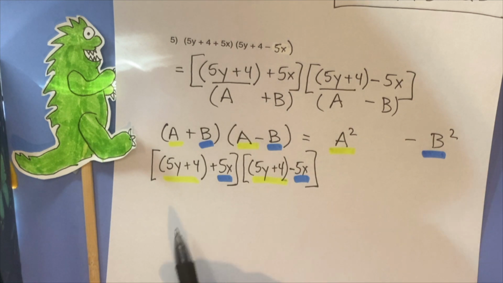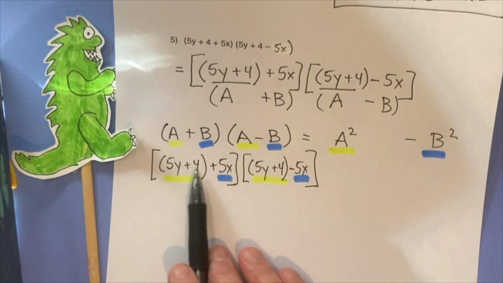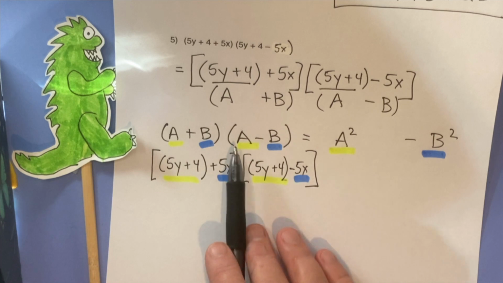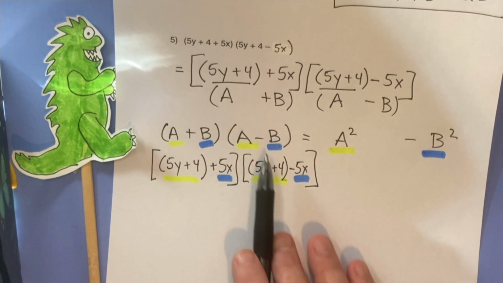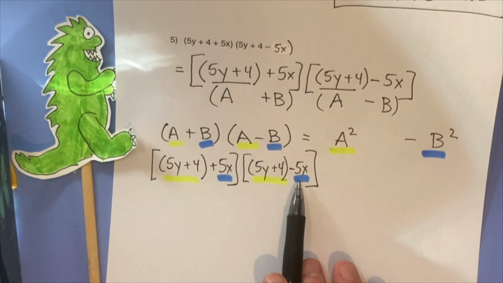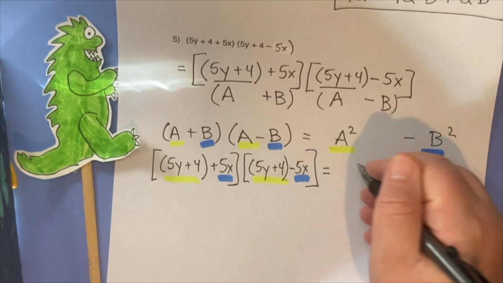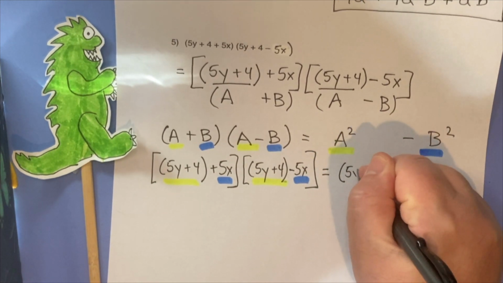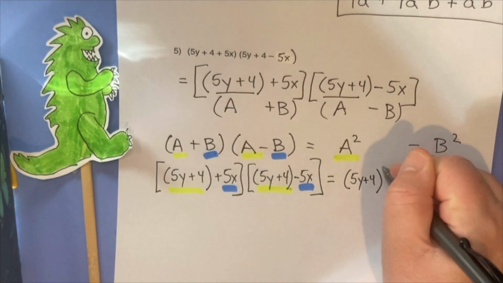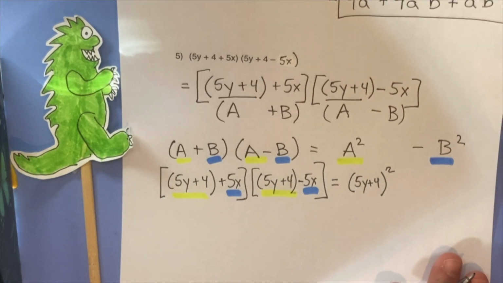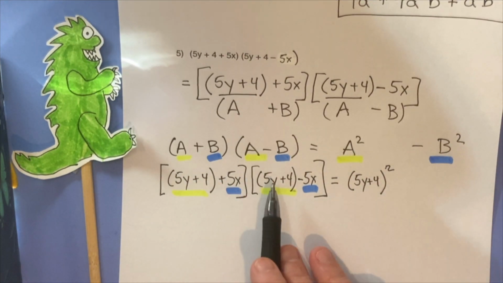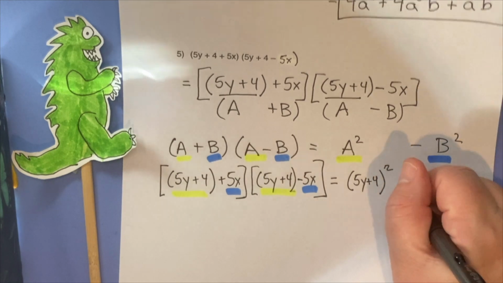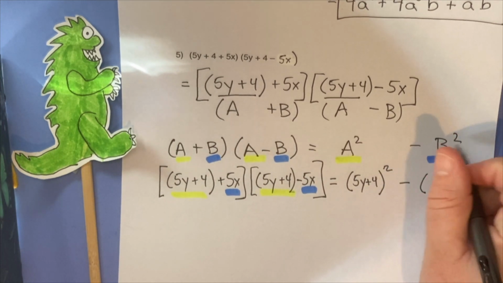Okay, so I've got a plus b, 5y plus 4 plus 5x. Then a minus b, 5y plus 4 minus 5x equals 5y plus 4 squared. That's the a, that's the first piece right there, minus b squared.